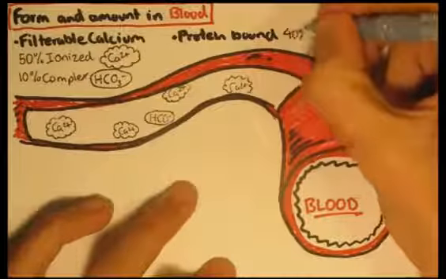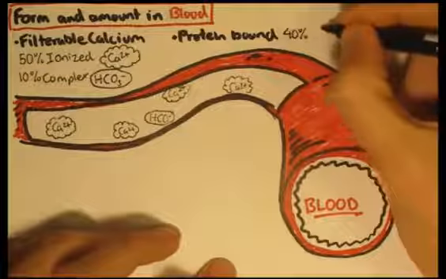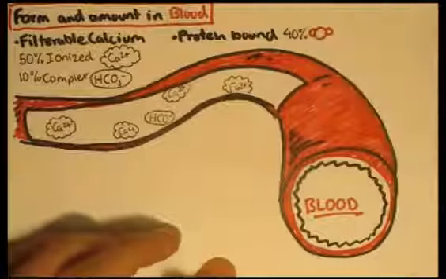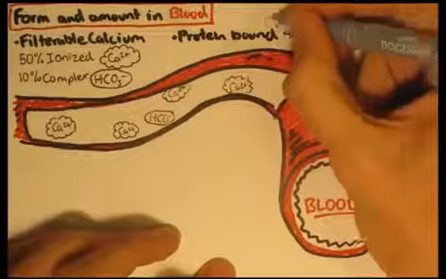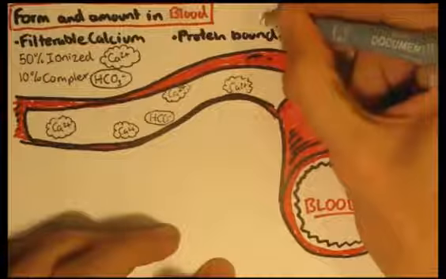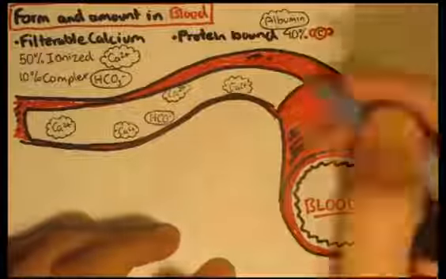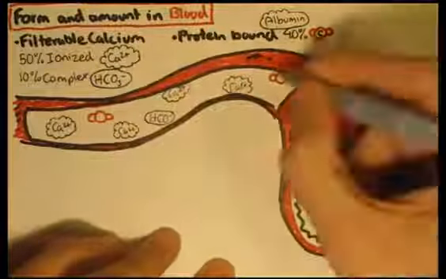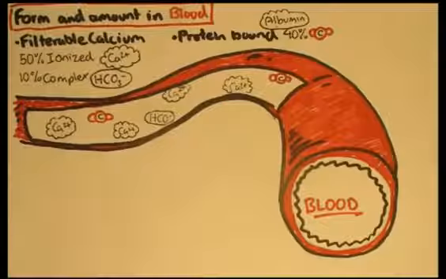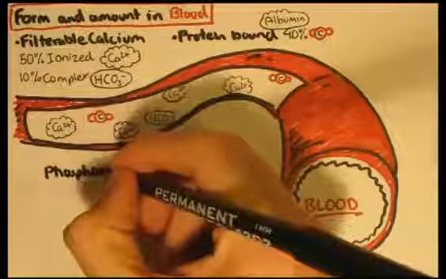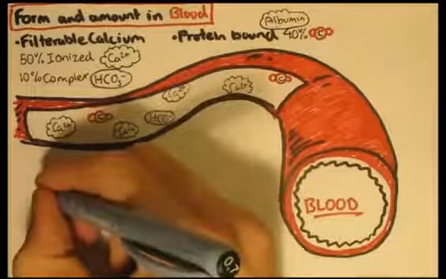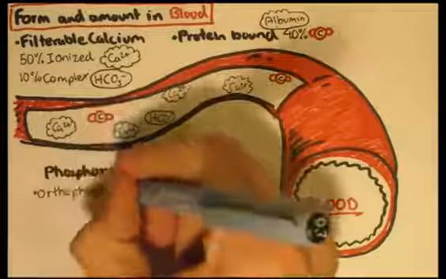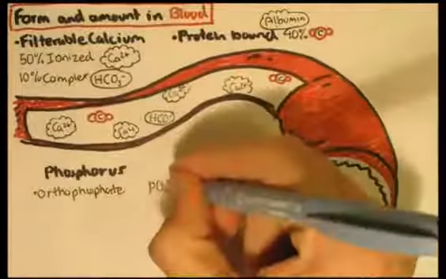And as mentioned, the remaining 40% of total calcium is protein bound. And the protein is usually albumin. So this type, the calcium binds to protein albumin. And here I'll draw it into the blood vessels. So phosphorus exists primarily as orthophosphate, or PO4.